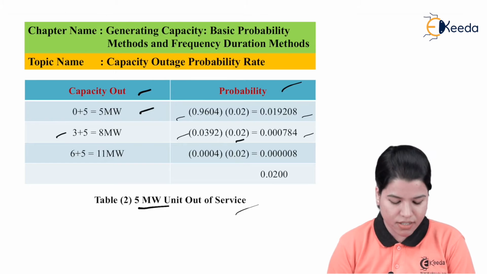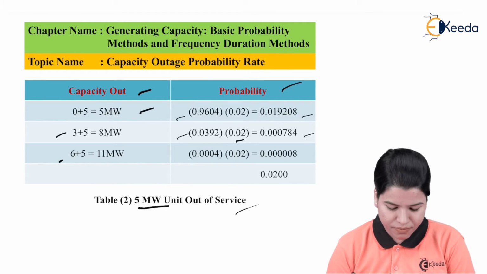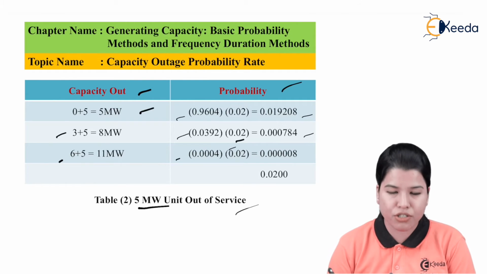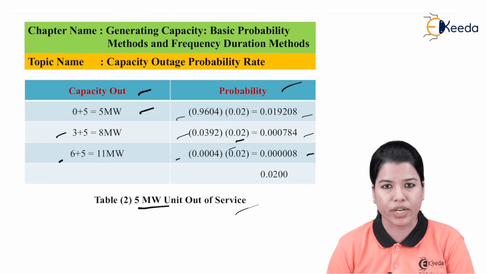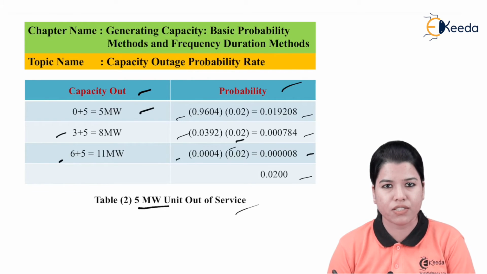The third is 6 plus 5, that is 11 megawatt, and the probability is 0.0004 multiplied by 0.02, which is equal to 0.000008. If we add all the probabilities, we get 0.02. Hence the condition is satisfied.